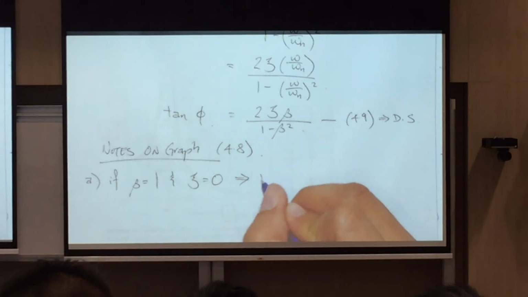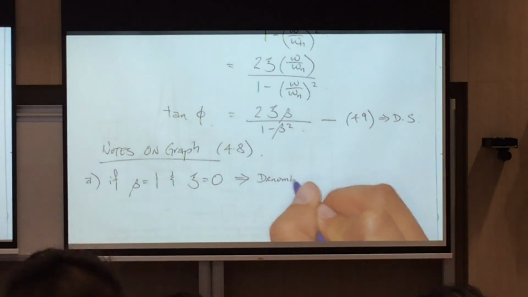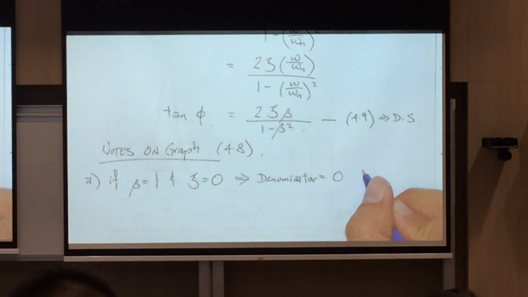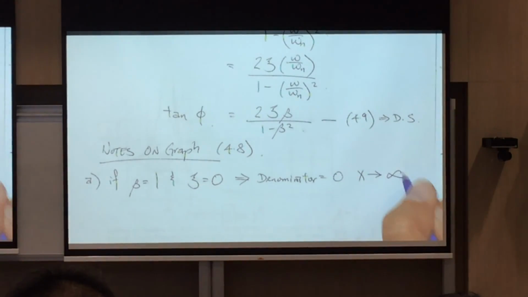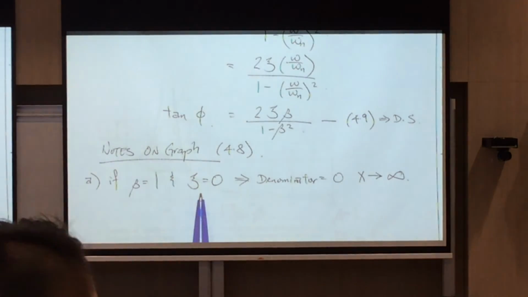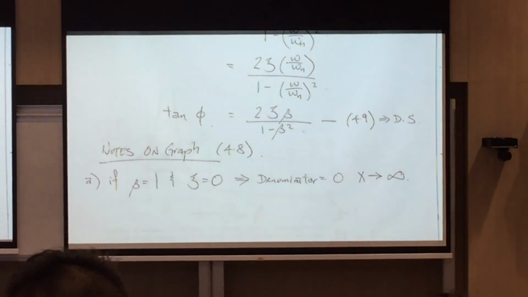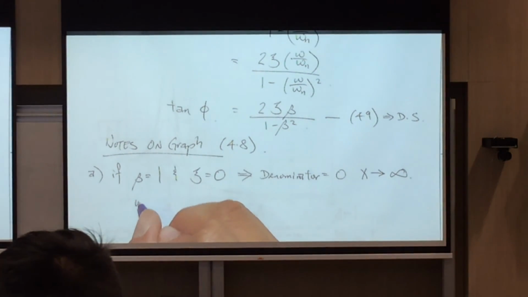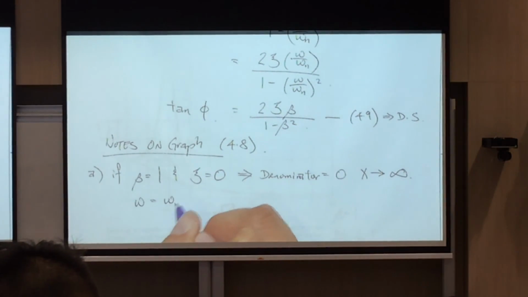Right, so if beta is equal to 1 and there's no damping, our S is going to be approaching infinity.